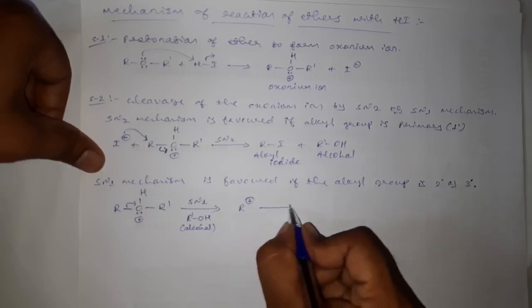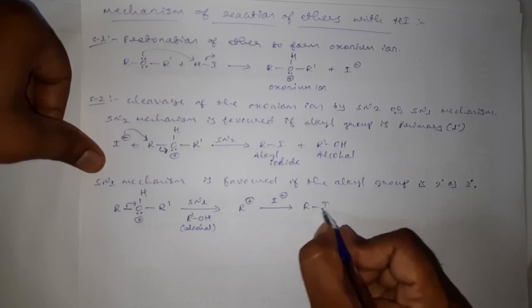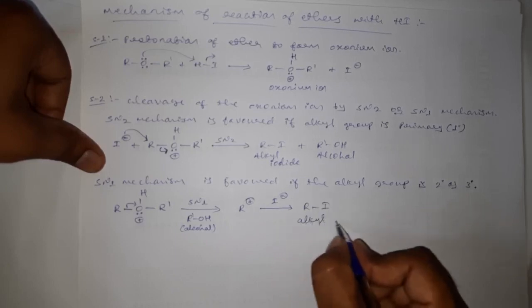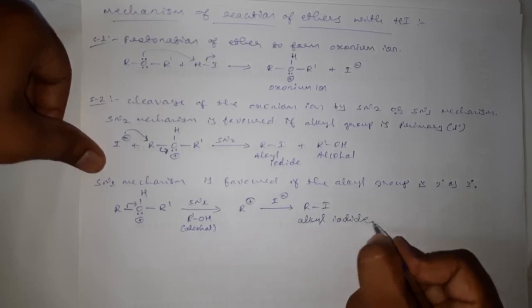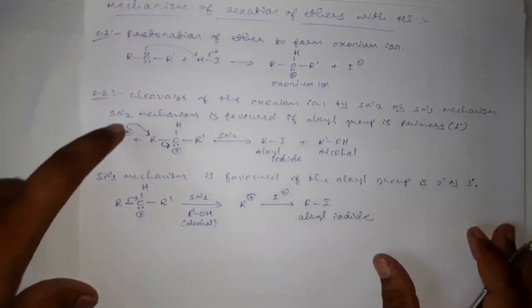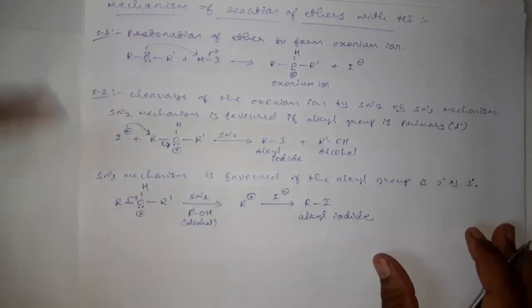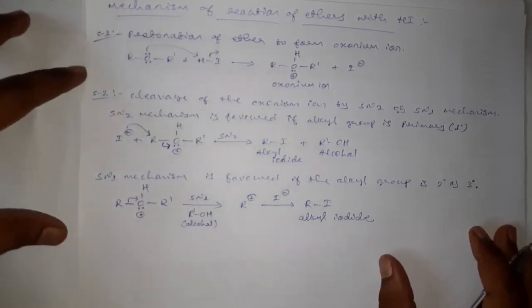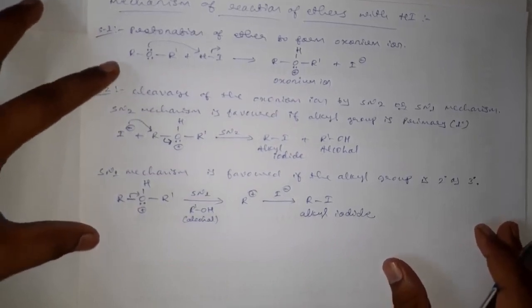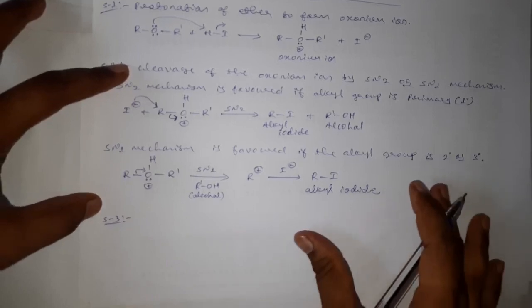And this, when attacked by iodide, we will get RI, that is alkyl iodide. Correct? This is the second step. Second step is what? The cleavage of oxonium ion by SN2 or SN1 mechanism. Okay. Then now, step number 3.